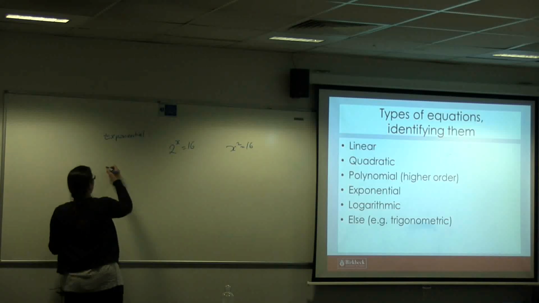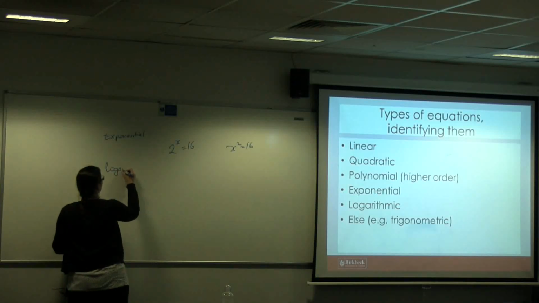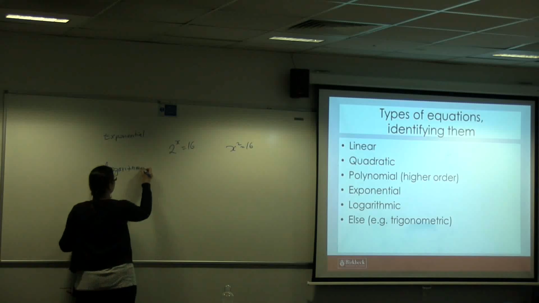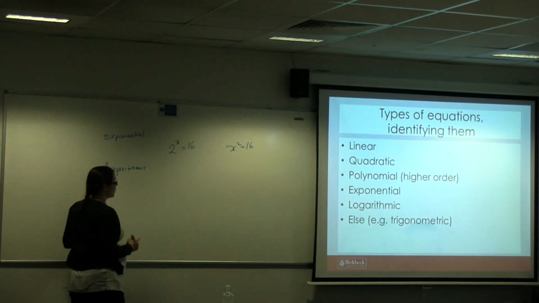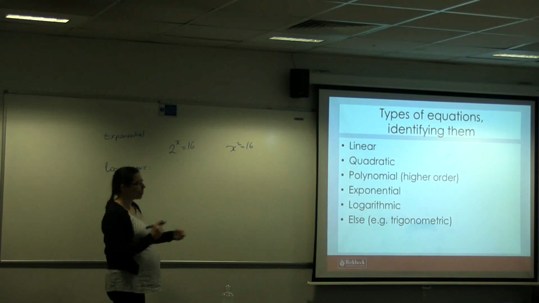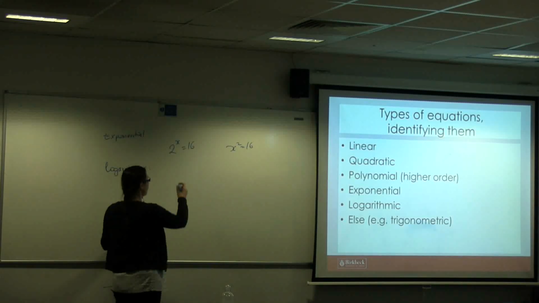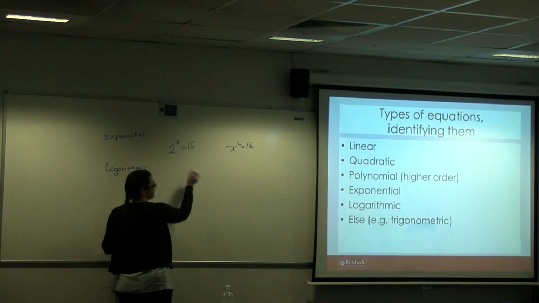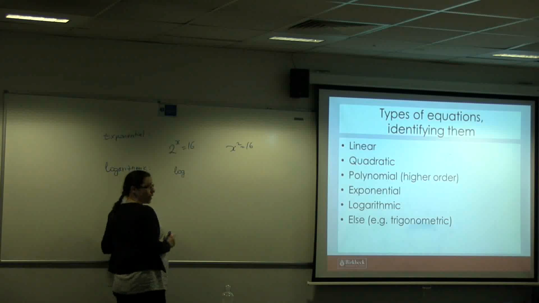And a logarithmic equation is when in the equation I have a logarithm. I don't know how much exposure you had to logs, but basically we can have any base of logarithm. If I write log, that always refers to base 10 logarithm.